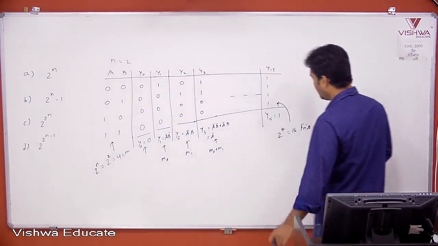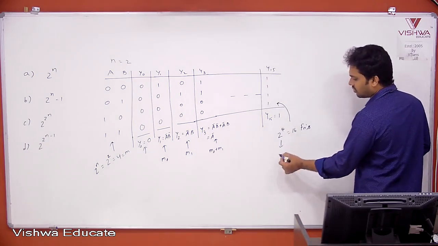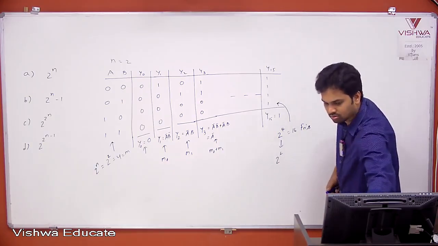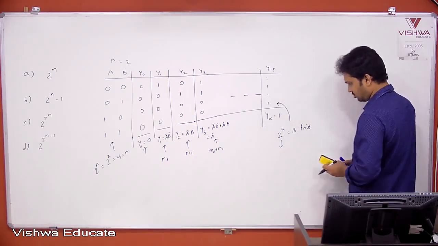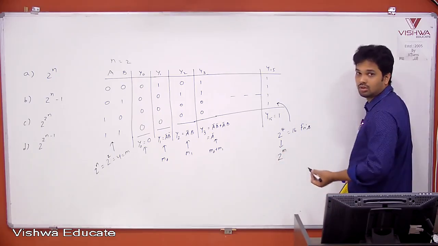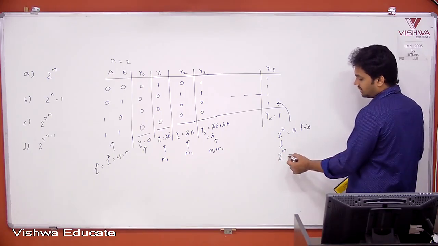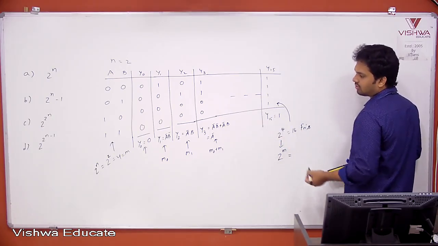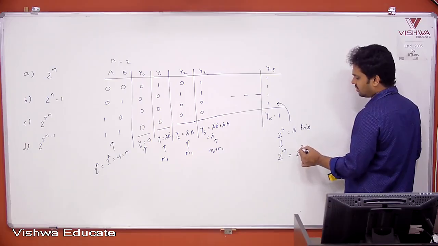So I can say here that the 4 in 2 power 4 is nothing but the number of minterms. So 2 power m, right? Now what is m? m is nothing but 2 power 2, or you can say m is nothing but 2 power n.